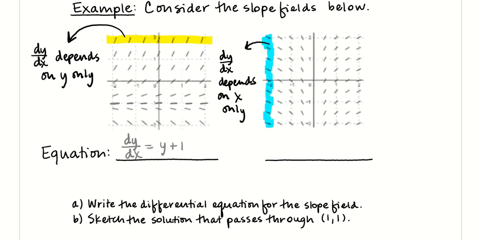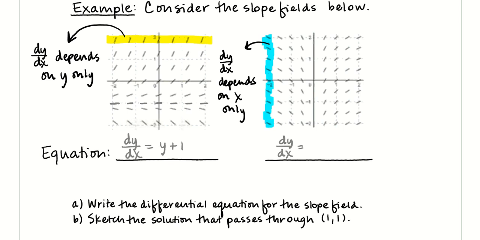And then over here, this one that depends on x only, I'm seeing a couple of things. On the right half where x is positive, the slopes are positive, and on the left half where x is negative, the slopes are negative. Moreover, when x is getting larger in either direction, the slopes are getting flatter.